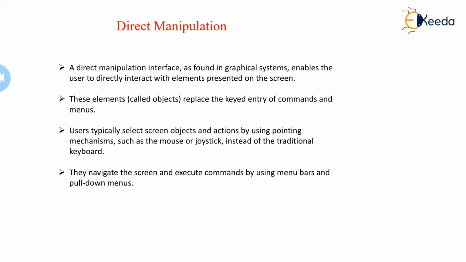It may be an application, maybe a browsing example. These elements are also called objects, which replace the keyed entry commands and menus. So with the help of these objects, instead of using commands or menus, you can directly interface or interact with those elements.